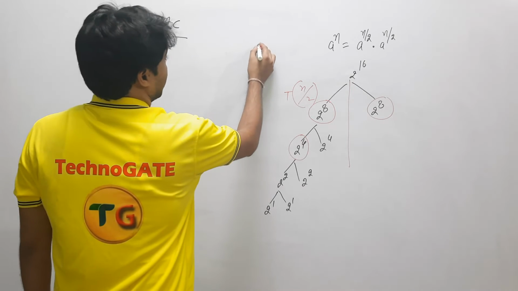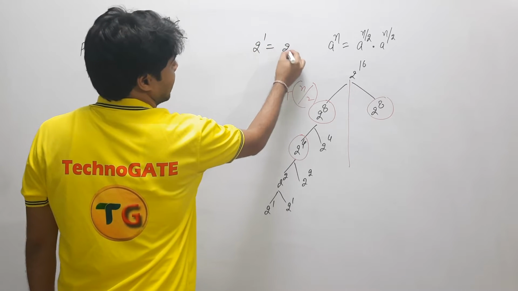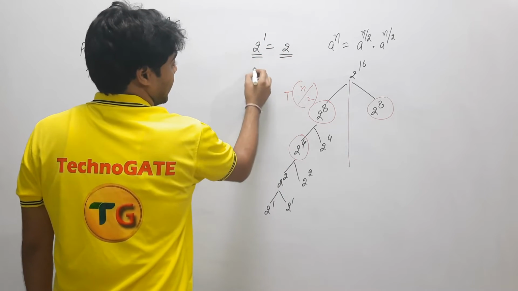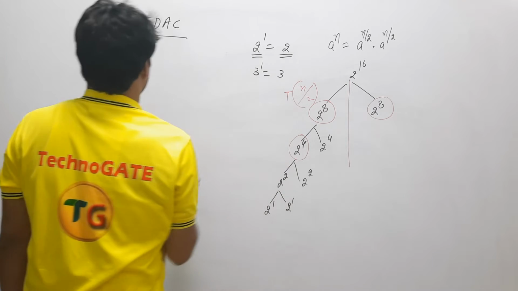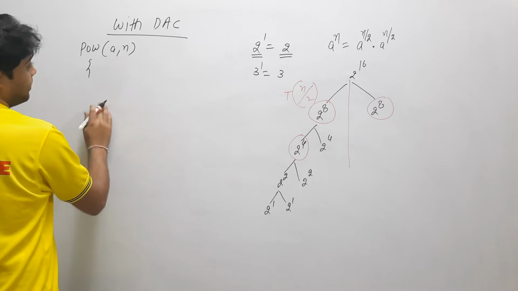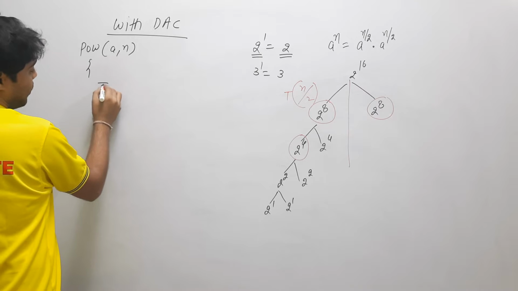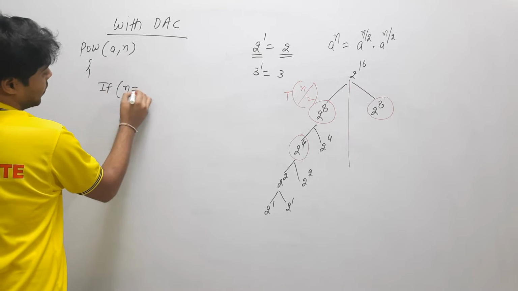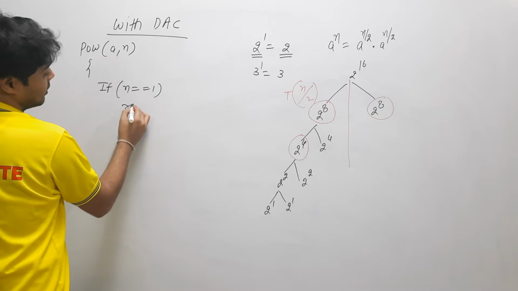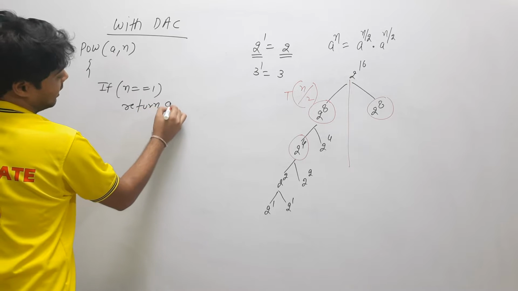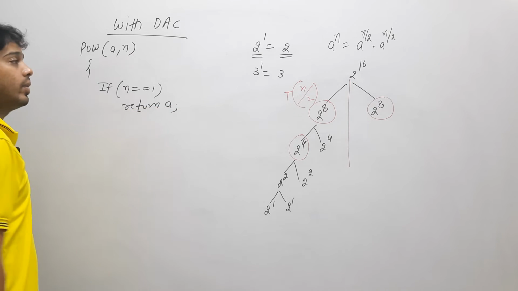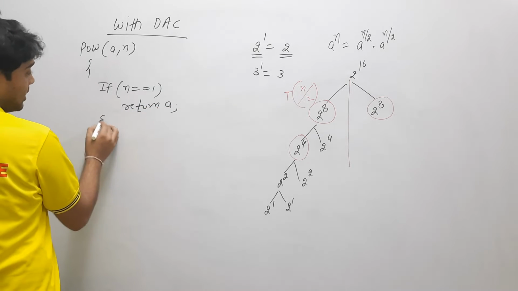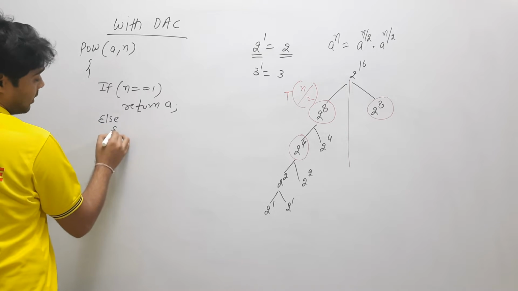Suppose the power is 1, then return that element only. 3 raised to power 1 is 3 only. So if n equals 1, then simply return a, return a only. That is the base case.